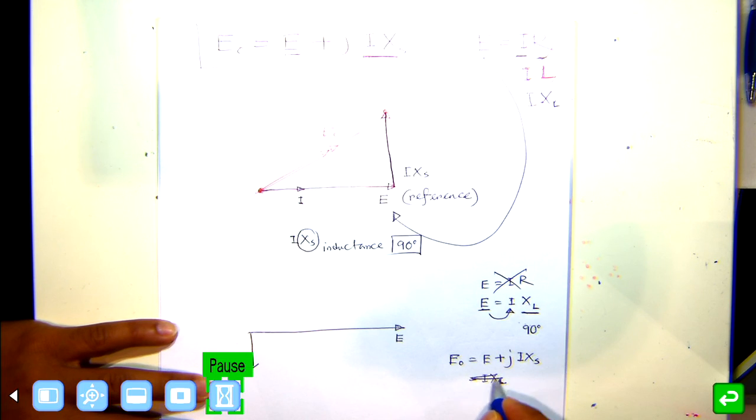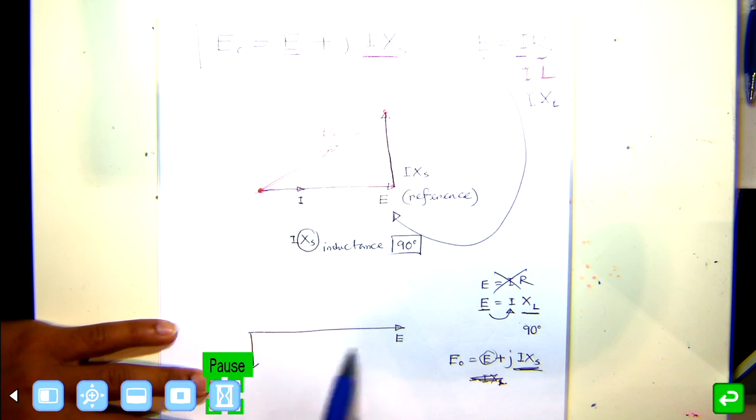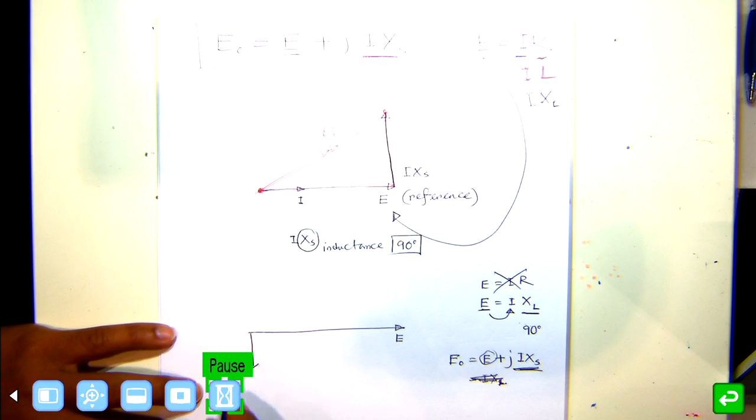So I have my E. Now, according to this equation, I have to add this IXS with this E. If this is my I, this way, and I want to draw IXS, what will happen to that?